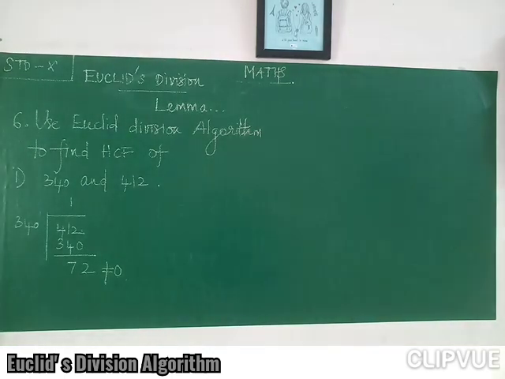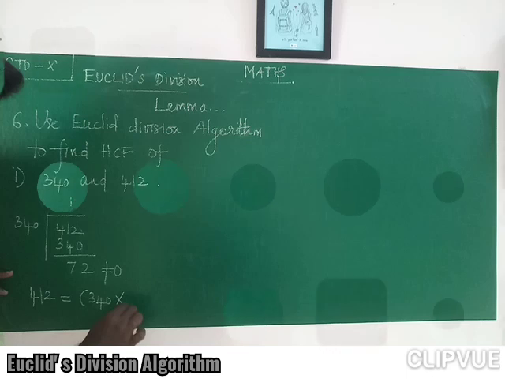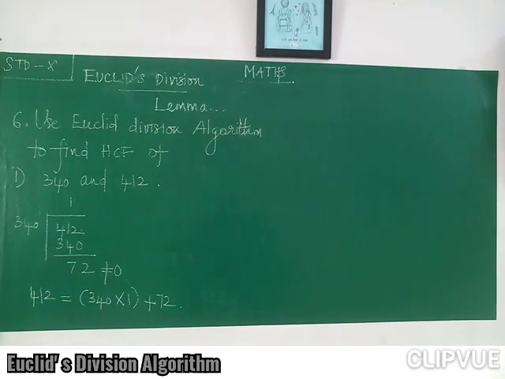It does not leave the remainder 0. So this 412 can be written as divisor into quotient plus remainder: 340 into 1 plus 72.